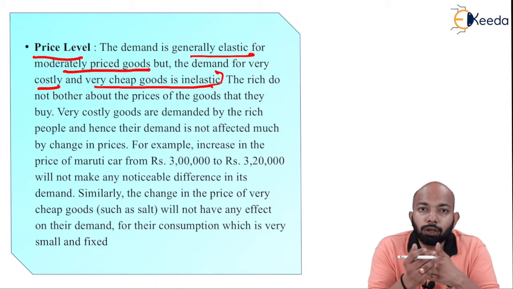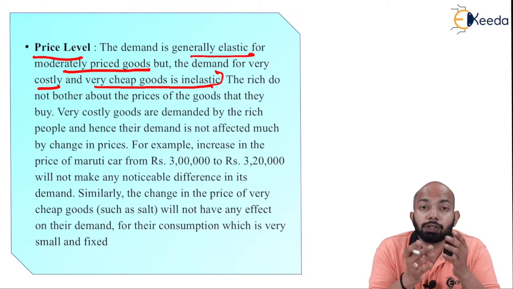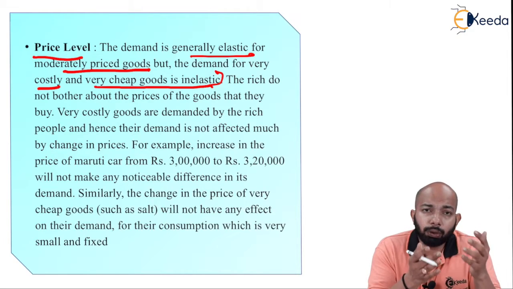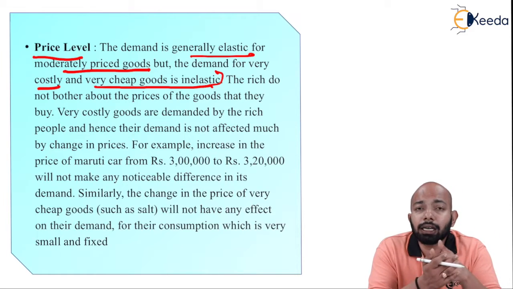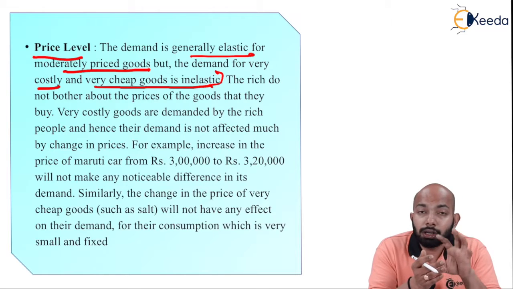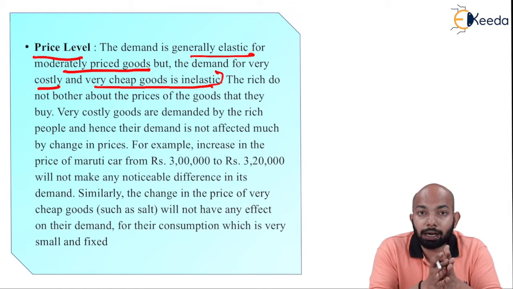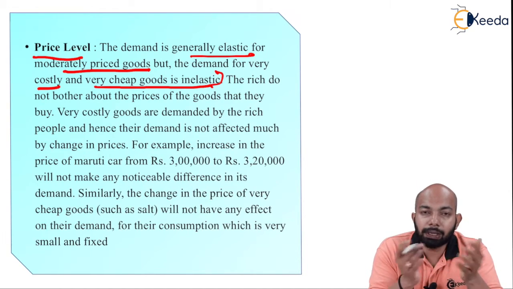But if the phone that I'm using costs 10,000, which earlier used to cost 13,000, then I might think of opting for that phone because the price has reduced. Or if I'm getting a Samsung Galaxy or any other good phone at a cheaper rate, I will go for that. Hence, they're moderately priced goods, where you can see the change in demand and quantity. But for costly goods and cheap goods, it is completely inelastic.